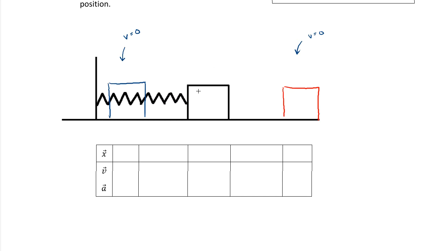Now, remembering that the force is proportional to the negative of the displacement, if the displacement is 0 in the middle, then the force is going to be equal to 0 as well, and therefore the acceleration is going to be equal to 0. So the acceleration is 0 at the equilibrium position, and so is the displacement, and the velocity is 0 at the extremes.